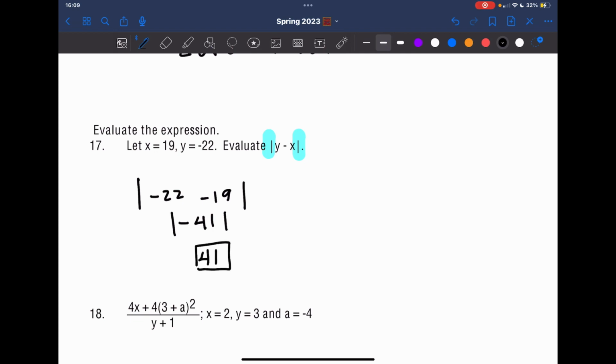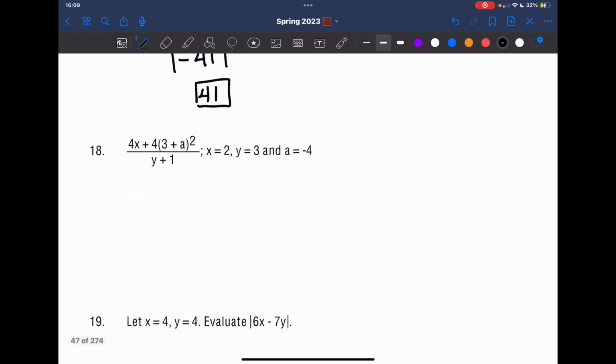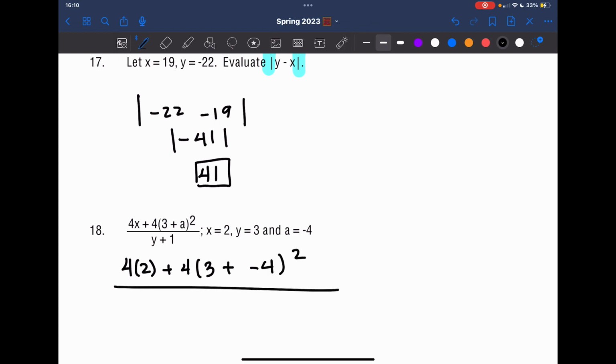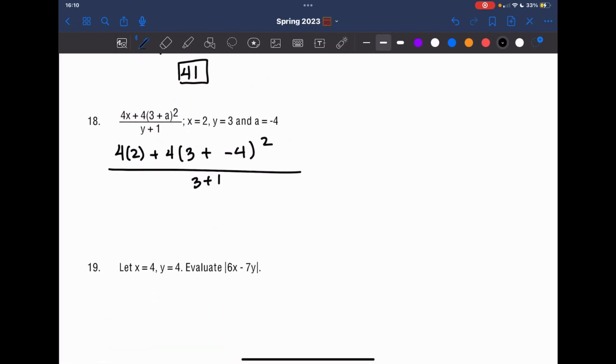Okay, so number 18. We're substituting, so it's 4 times 2 plus 4 times 3 plus negative 4, all of that squared over 3 plus 1. So we're working inside the parentheses first. And I also want to do my multiplication as well.